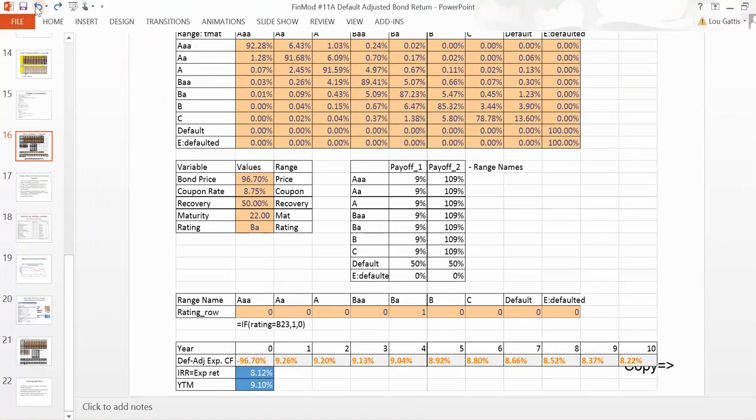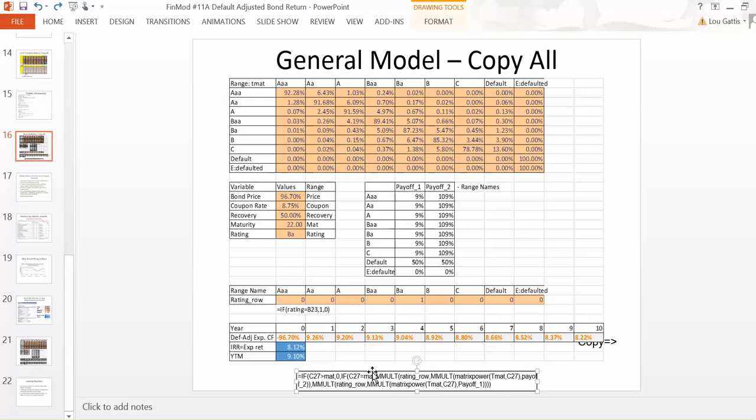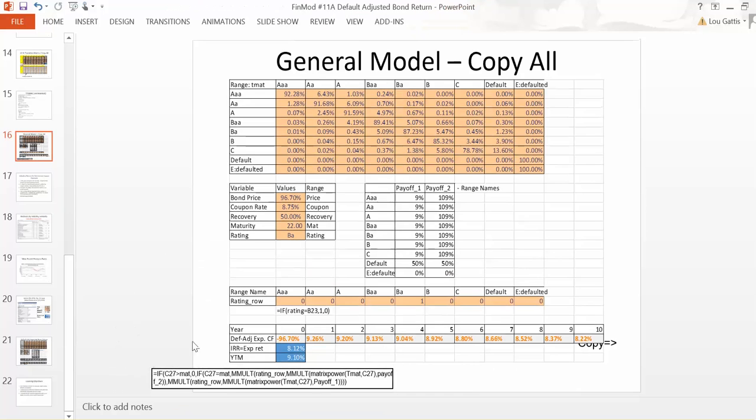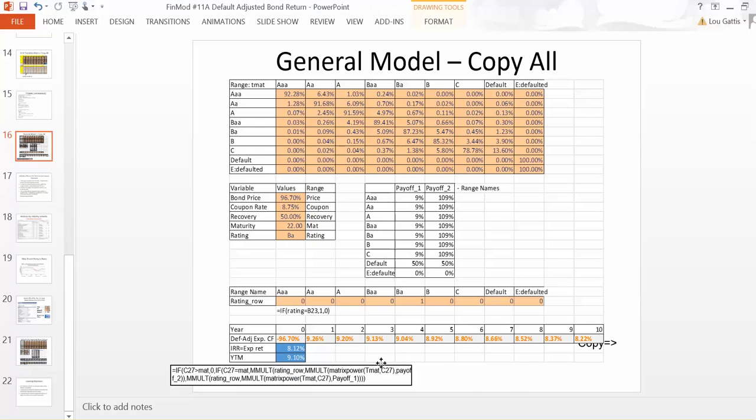Well, looks like it was there. Let me see. Let me shrink that down. Here it is. So the formula says, if this number here, and let's take a look at, say, the 5-year one, because this formula just gets copied across, if this 5 is greater than the maturity of this bond, the expected cash flow is 0.